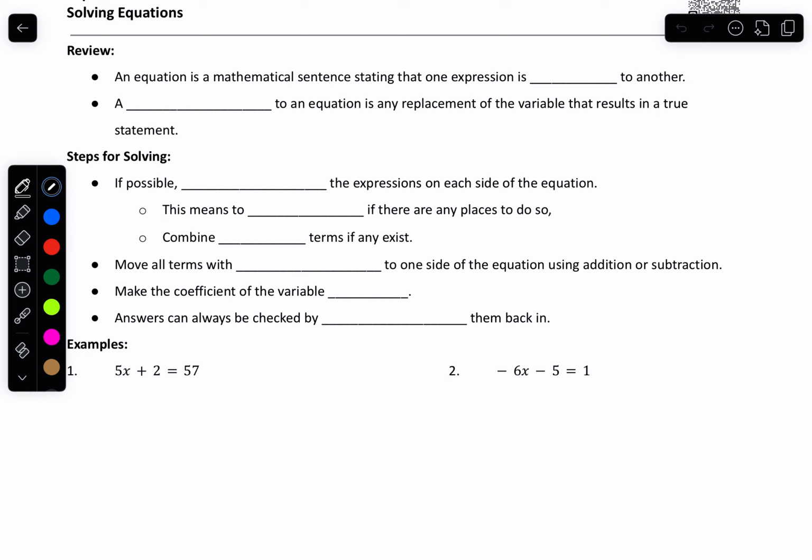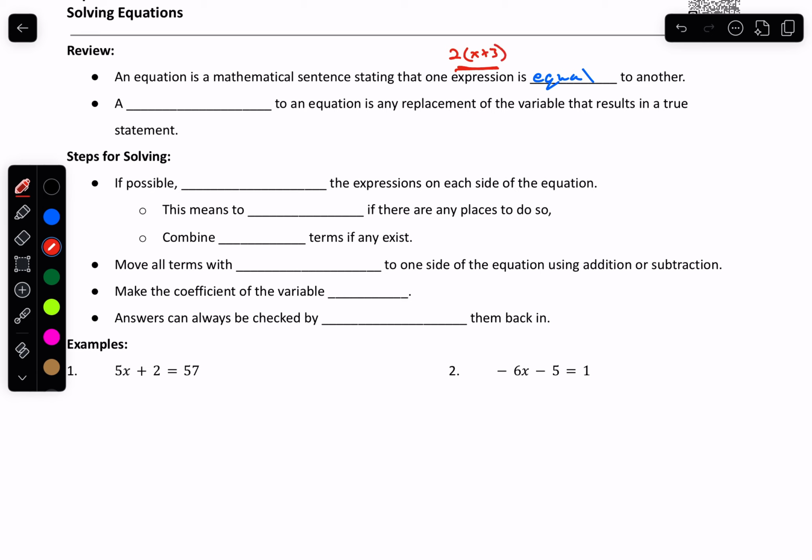So as a quick review, an equation is a mathematical sentence stating that one expression is equal to another expression. Remember that an expression might look something like 2(x + 3), where there is no equal sign involved.